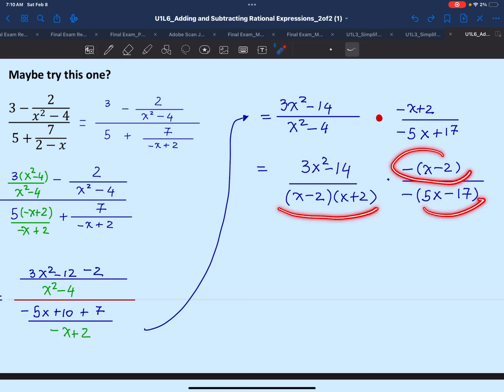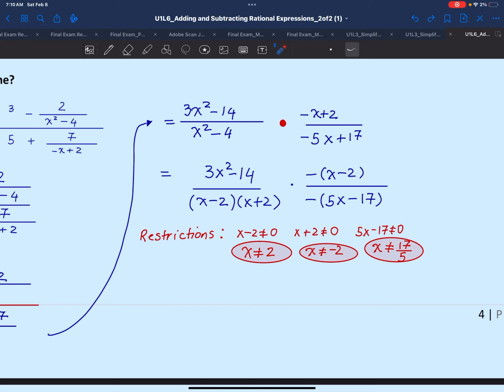The restrictions in our case would be x minus 2 different than 0. That means x has to be different than 2. x plus 2 different than 0, which means x has to be different than negative 2. And also 5x minus 17 has to be different than 0, which means that x has to be different than 17 over 5. Since we've already stated the restriction on x minus 2, we don't have to write it twice.